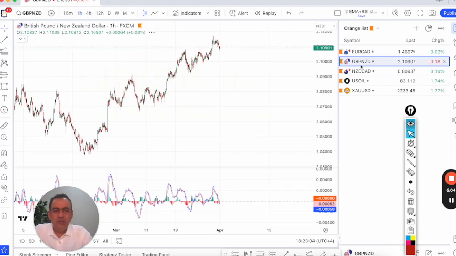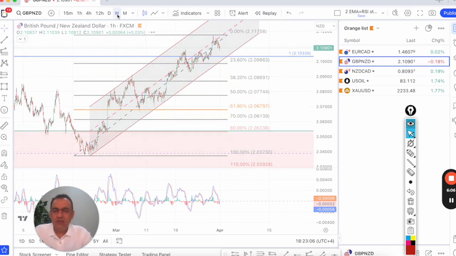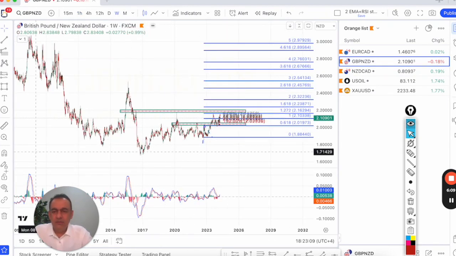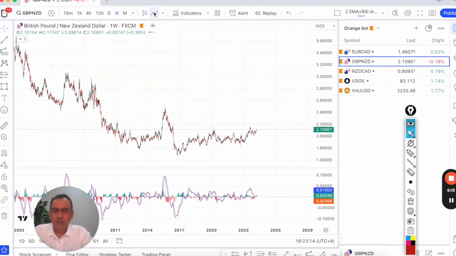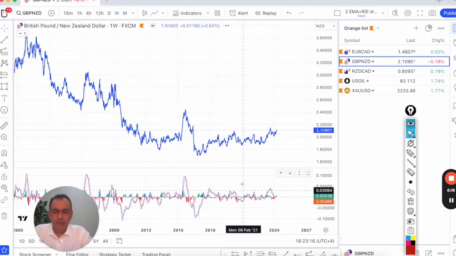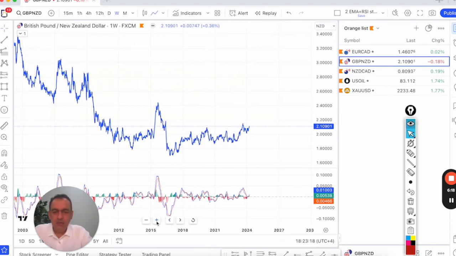Now the next currency pair is pound New Zealand, starting from the higher time frame. This currency pair looks bullish on all time frames. So here is the long-term chart, that's weekly, and based on the weekly chart, if you notice, we have a low followed by the next low, and it is a lower low formation on the weekly price chart, and we also have a lower low formation on MACD lines.